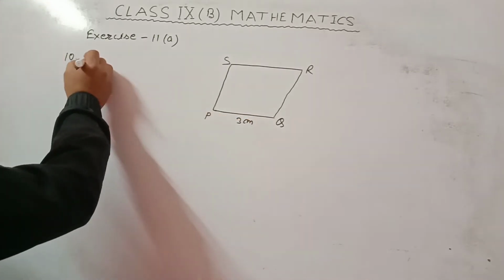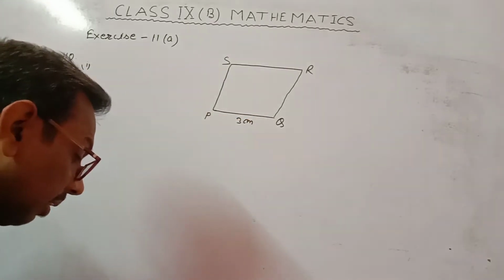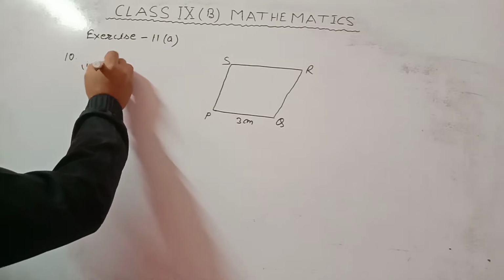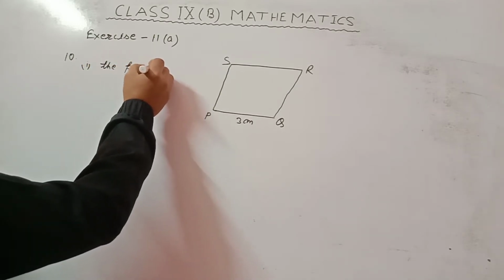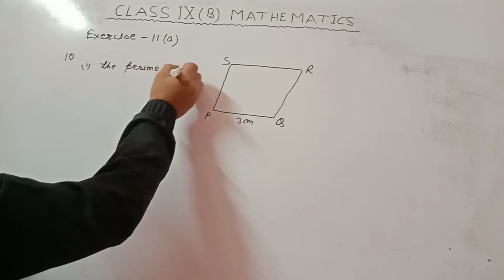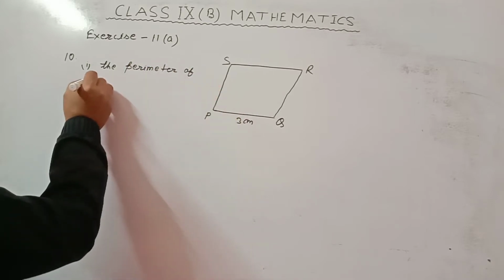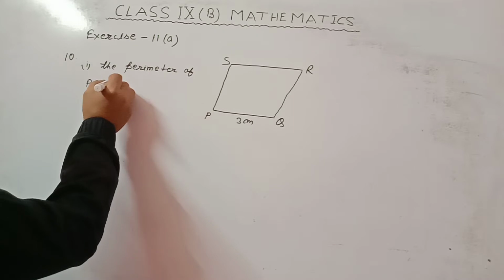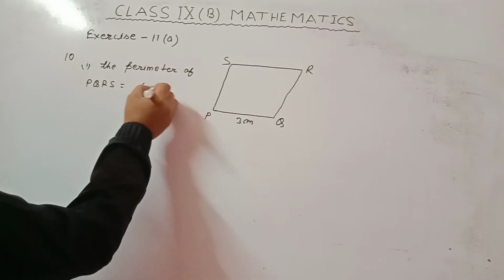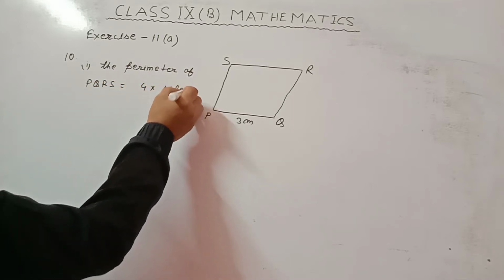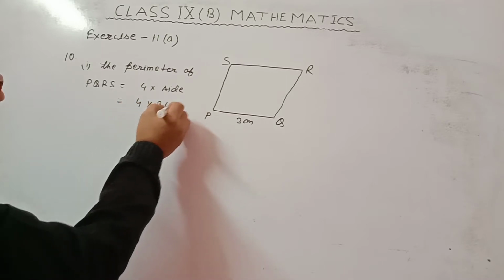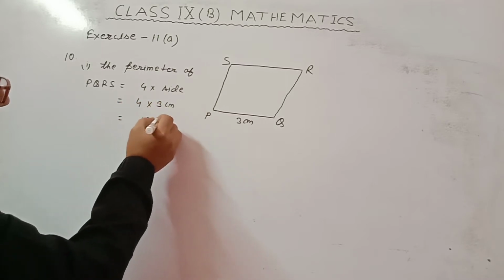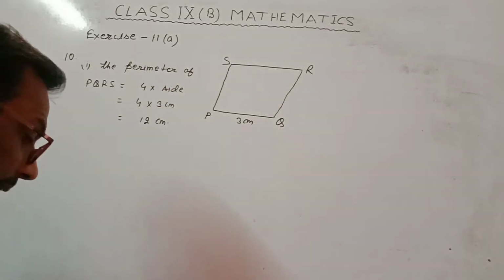Then Roman number 1, the perimeter of PQRS. The perimeter of PQRS equal to 4 into side. Side is 3 cm. So 4 into 3 cm equal to 12 cm.